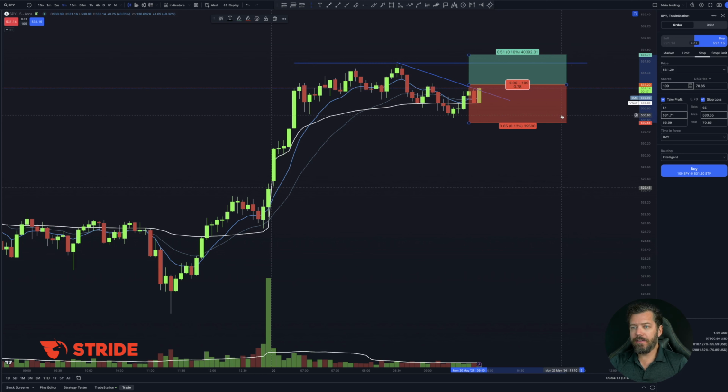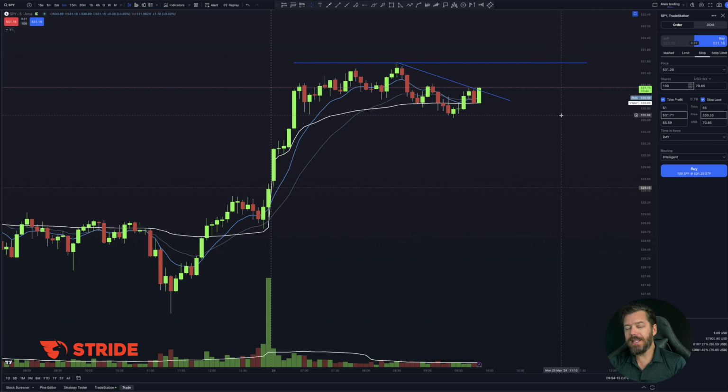Now you have the opposite, meaning that let's say you discover this chart and you are like, all right, it breaks out, but it's not really strong. I prefer to wait for another leg down.